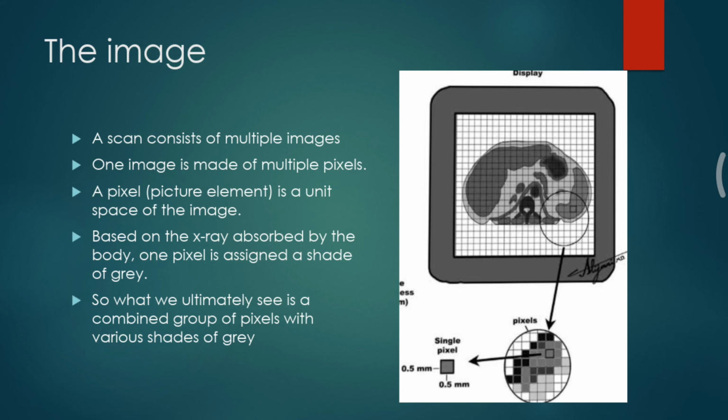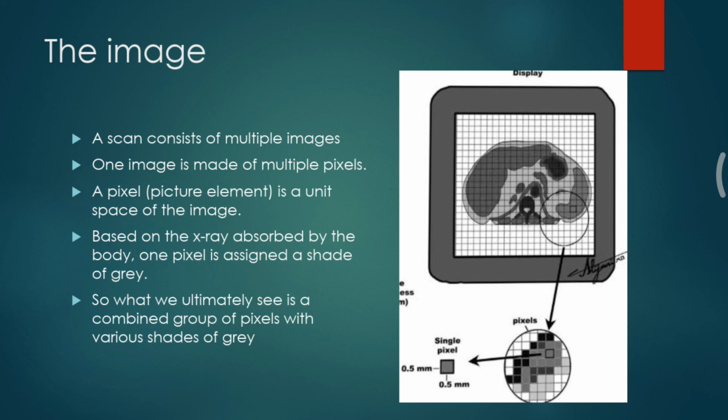Each single image is in turn made up of multiple pixels. A pixel is a picture element, a short form for that, and it's a unit space of the whole image, as you can see on the side plate. Based on the X-ray absorbed by the body, one pixel is assigned a shade of gray.